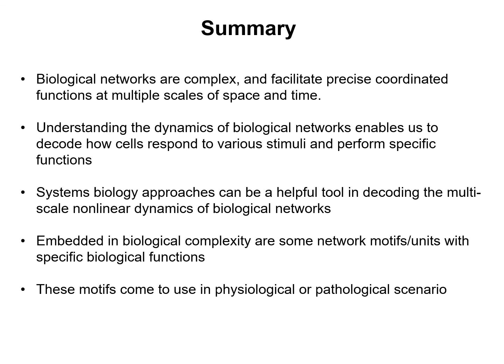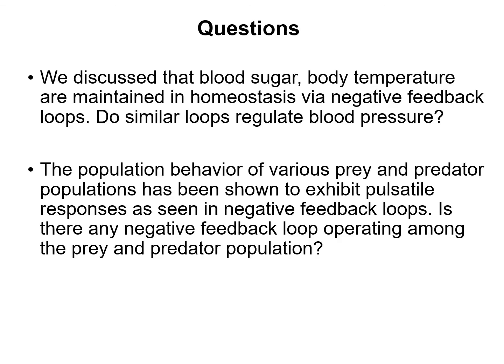So there are principles across these different levels of organization, across these different biological setups and scenarios, which can help us gain a much more nuanced understanding of the dynamics and why the systems behave the way they do.